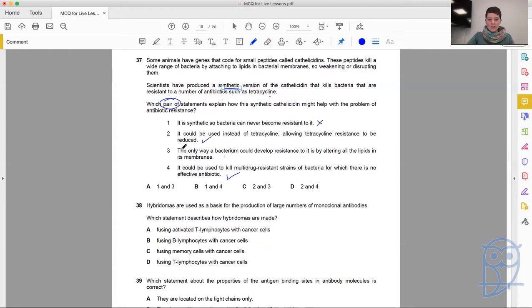So going back to 3 again, the only way bacterium could develop resistance is by altering all the lipids in its membranes. Well, not really, because we've got a lot of variation going on, and there's far too much to consider under this. It's not a tight enough answer. So we're happy to cap that one out and go for 2 and 4.